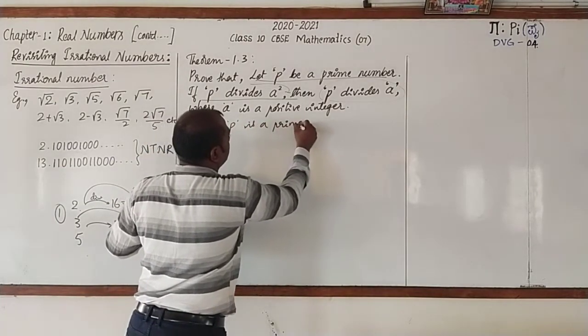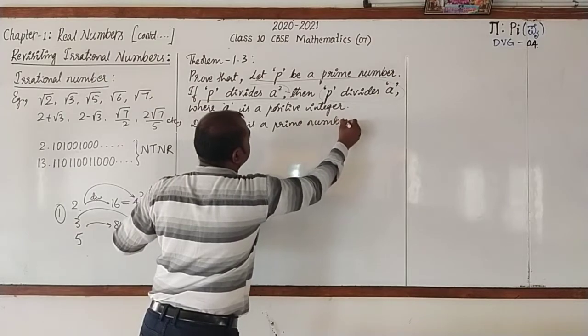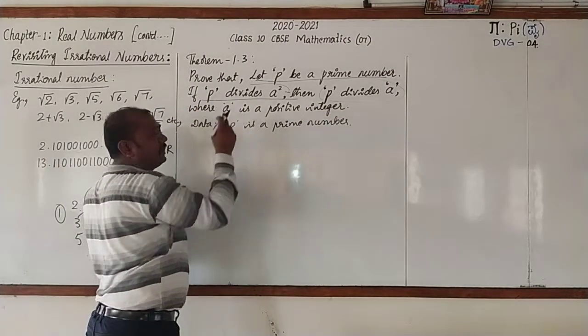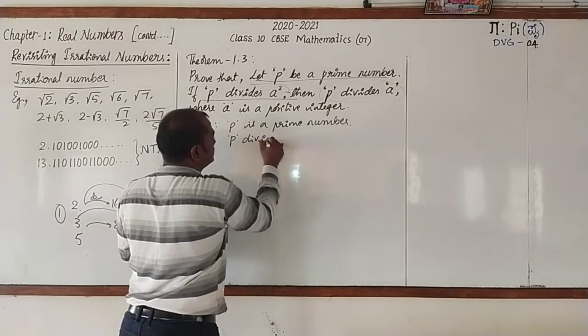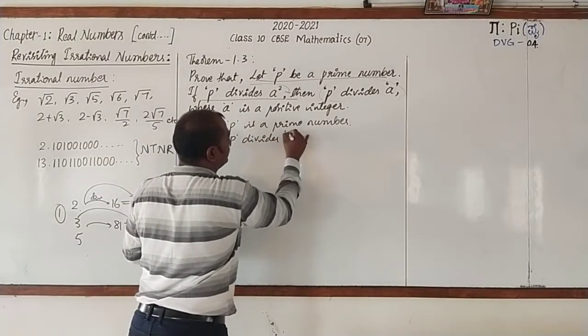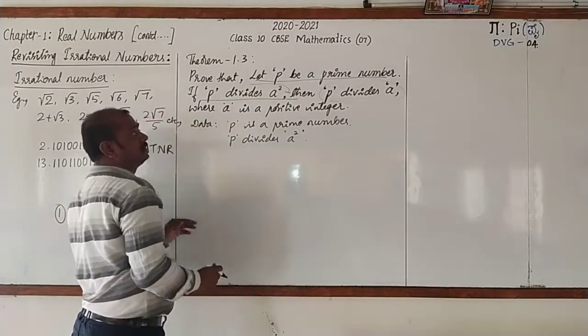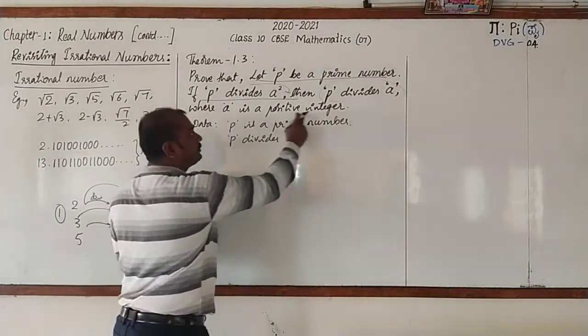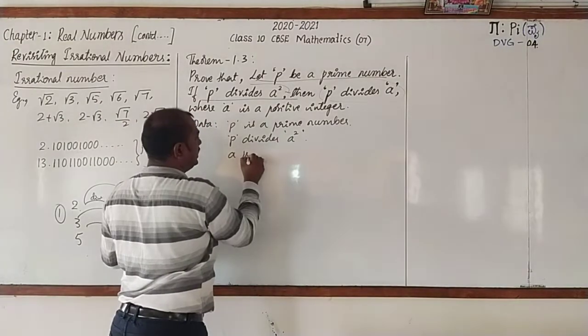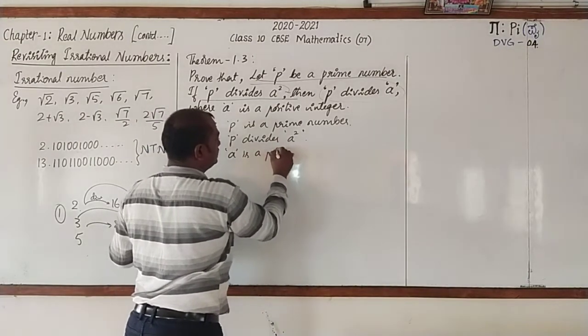One thing. Next, what is another thing? p divides a square. Next, other than that, a is what? a is a positive integer.